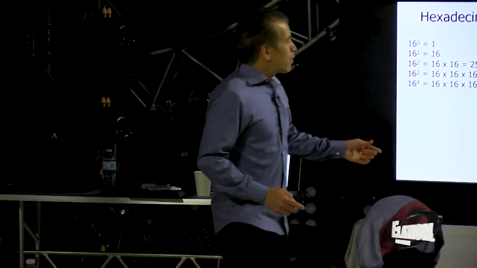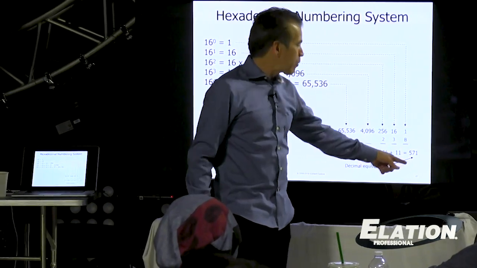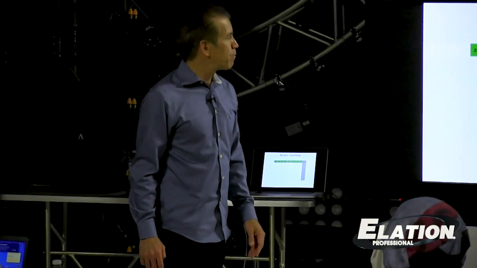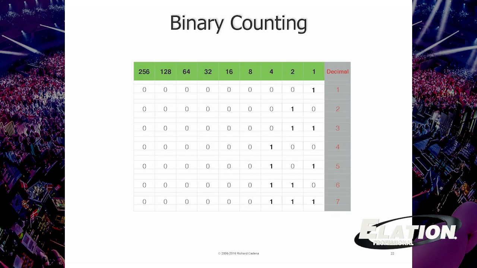So you could convert, for example, the hexadecimal number 23B, that would convert to decimal 571. Okay, so in binary, if you wanted to count in decimal, you'd start with 1, and then binary 10 is equal to decimal 2, binary 11 is 3, and then 100 is 4, 101 is 5, 110 is 6, and 111 is 7, and so on.